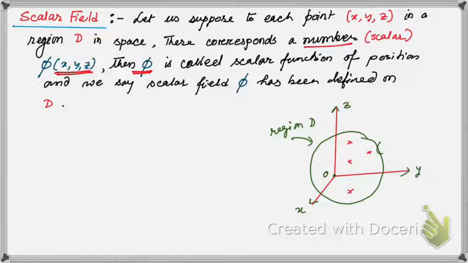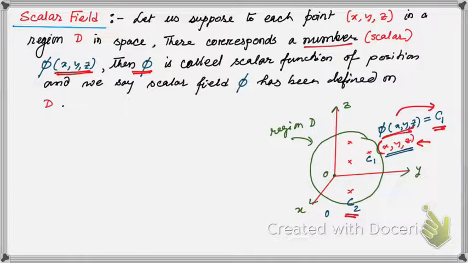This is a particular point with coordinate xyz, and the scalar quantity associated with it is given by, suppose, c1, which is given by this function phi. Then take another point with coordinate x dash, y dash, z dash.